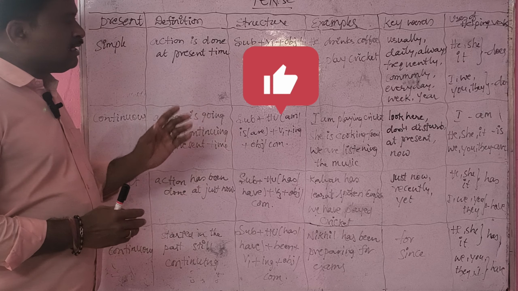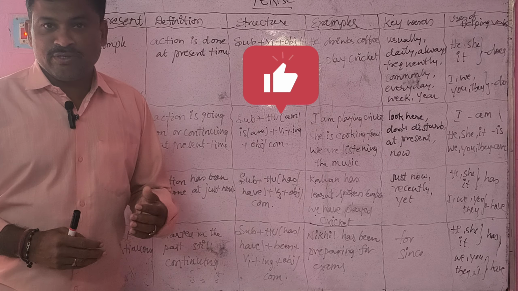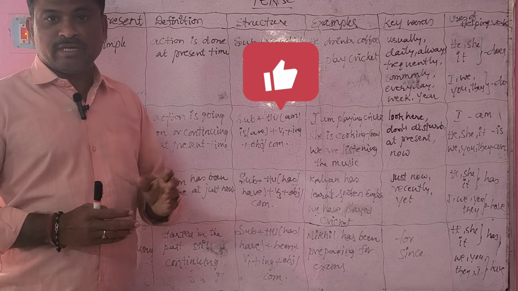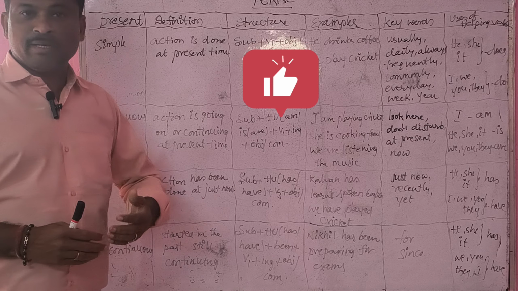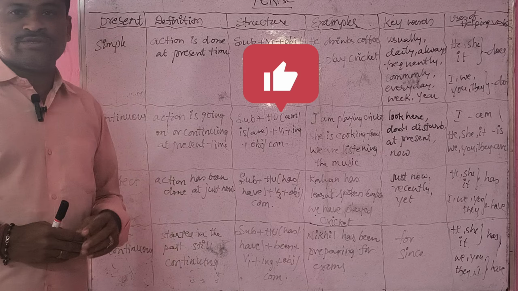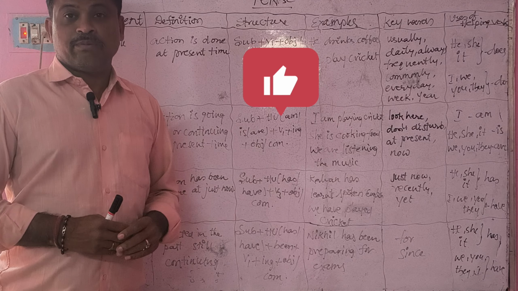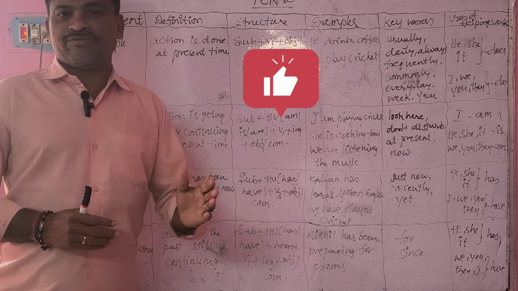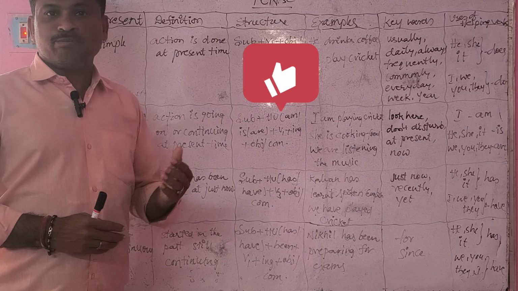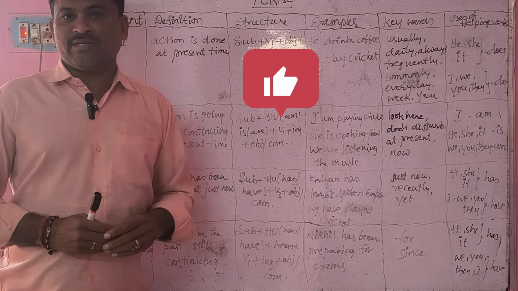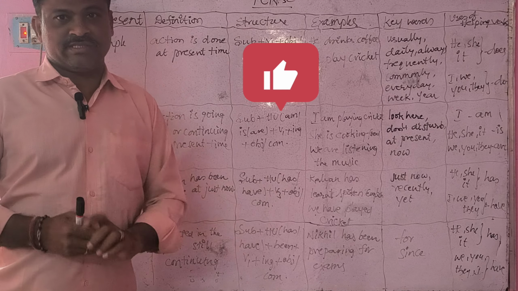In present tense: simple present tense, present continuous tense, present perfect tense, and present perfect continuous tense. At the same time, past tense also has four subdivisions: simple past, past continuous, past perfect, and past perfect continuous tense. And at the same time, future also: simple future, future continuous, future perfect, and future perfect continuous tenses.